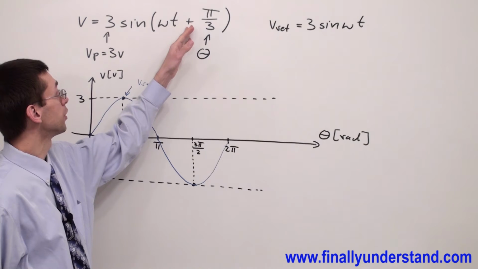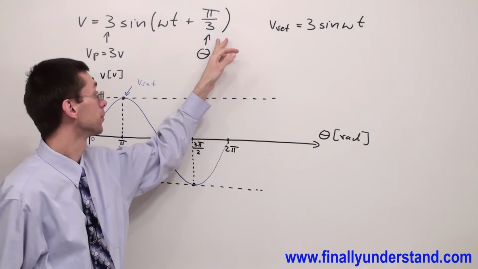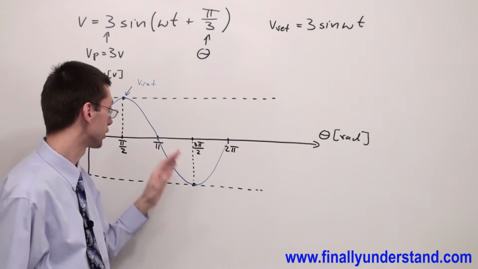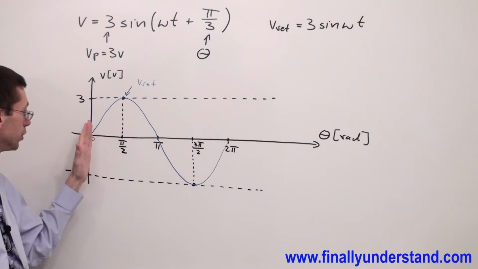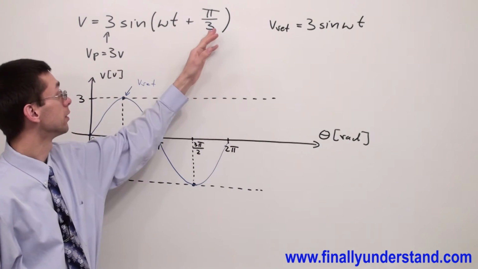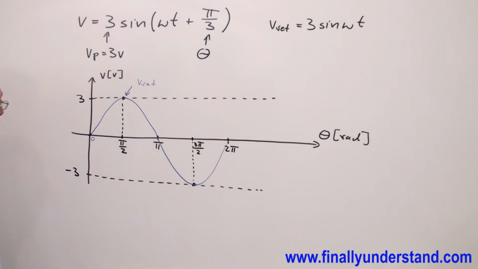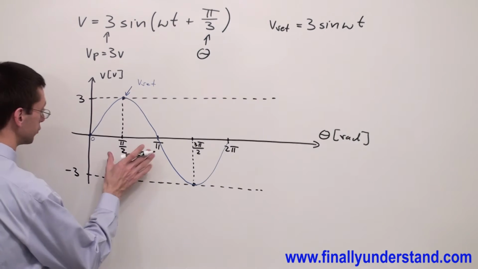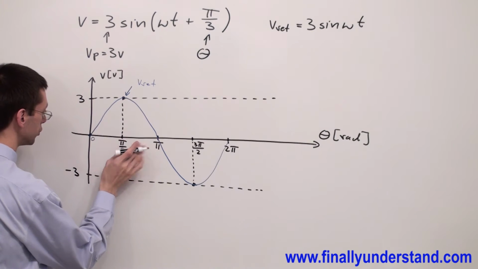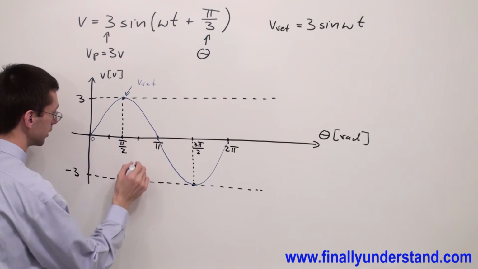One more time, anytime you have a positive sign next to the phase shift angle, it means your reference waveform has to be moved to the left by the phase shift angle, pi over 3. How much is pi over 3? Let's take a look. We have to divide pi into 3 pieces, so I'm going to have something like this.